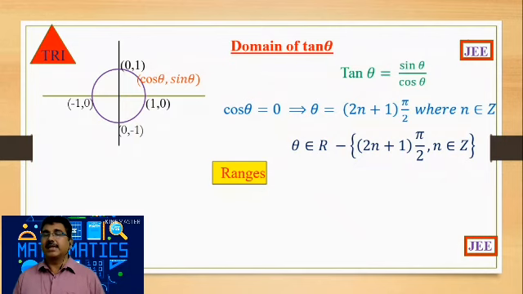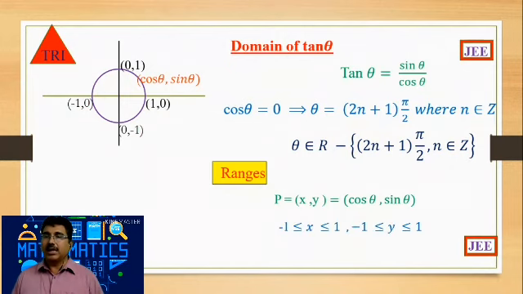Let P equal (x, y), that is equal to (cos theta, sin theta). Clearly, minus 1 is less than or equal to x less than or equal to 1, and minus 1 less than or equal to y less than or equal to 1. Here x equals cos theta, y equals sin theta. Therefore, the range of cos theta and sin theta is the closed interval minus 1, 1.